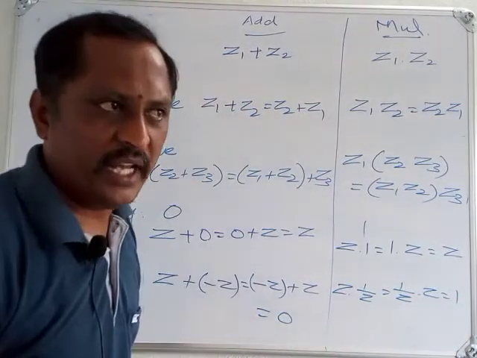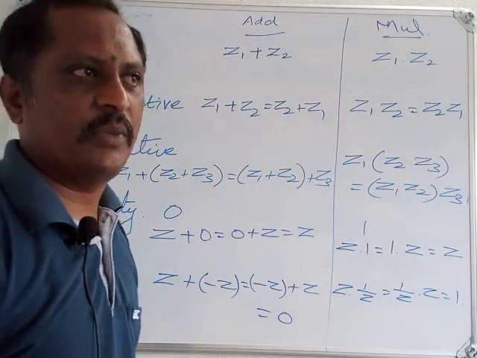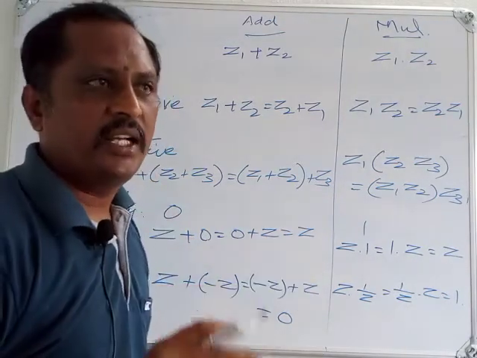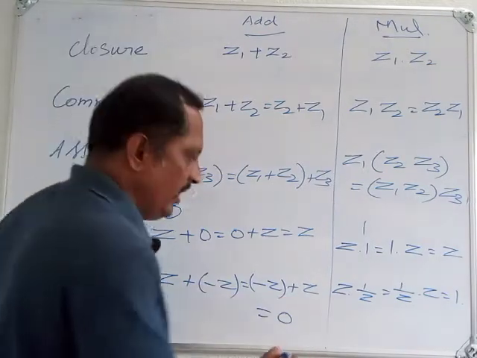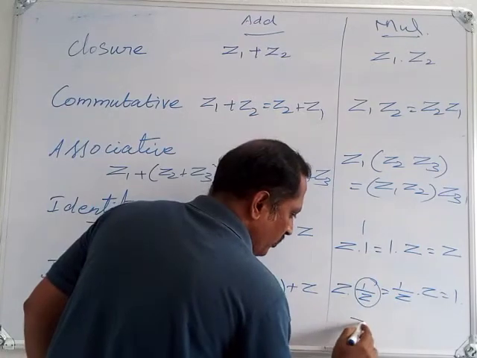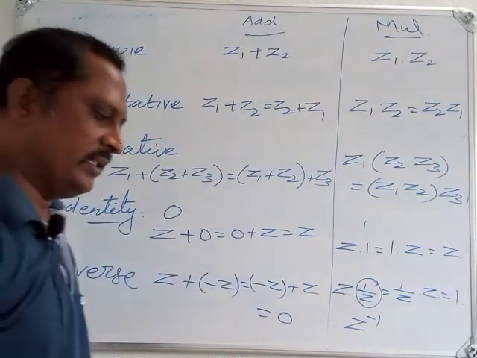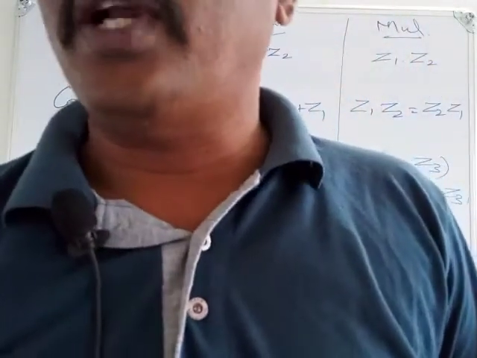We have to multiply which complex number with the given complex number to get the answer 1. Then the number is called the inverse of the given complex number, that is the multiplicative inverse. This 1 by z is also called z inverse, z power minus 1. These are the basic properties.